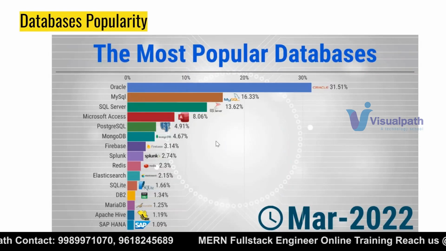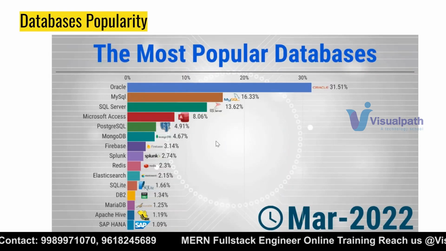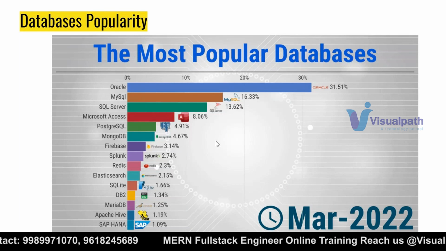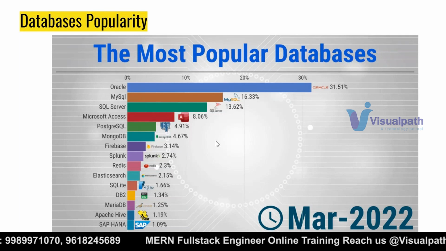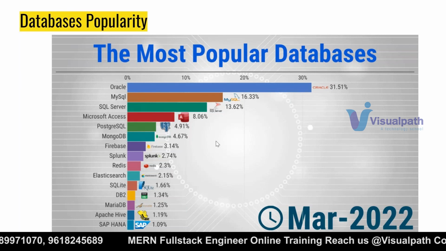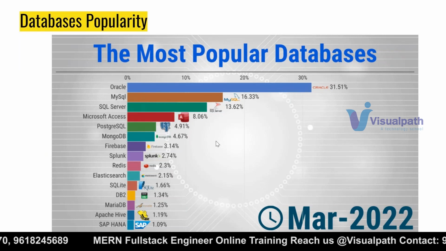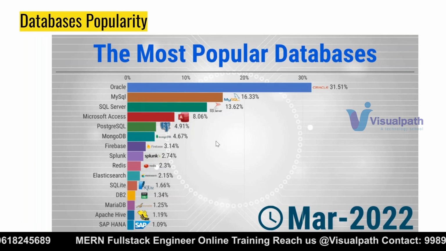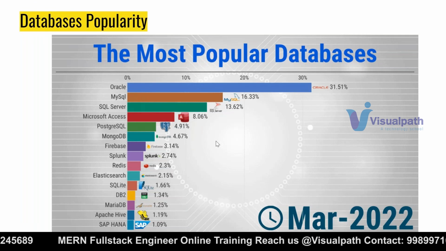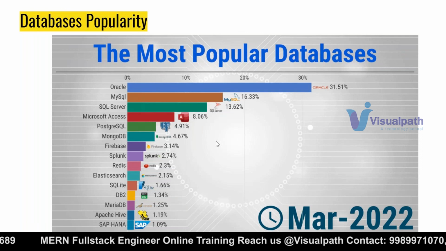Similarly, in terms of popularity, which I've already covered, you can just have a glance. These are the traditional databases: Oracle is used by large enterprises, and MySQL is used by enterprises as well as startups. SQL Server is mostly used by enterprises.